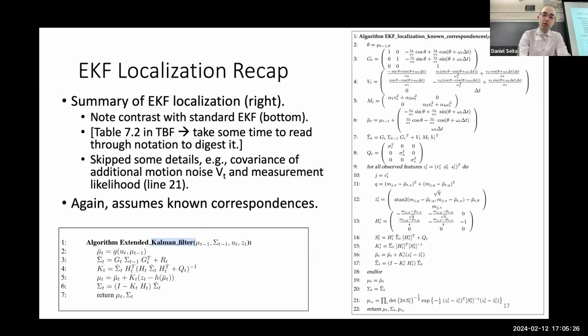So this for loop is iterating over different landmarks that might have been detected in the current measurement vector. And then at the very end, we get the updated value of mu_t and the covariances. And P is some kind of distribution over the different features.